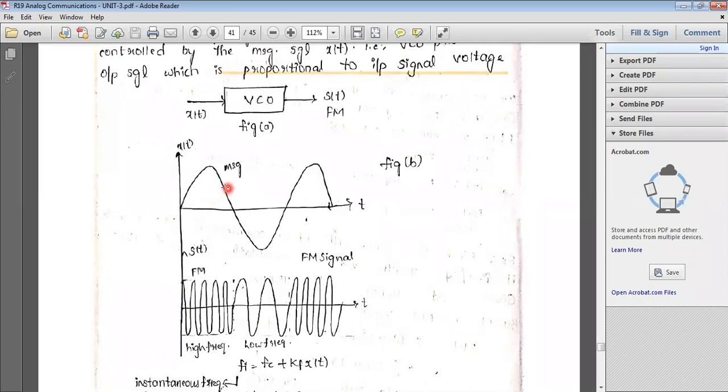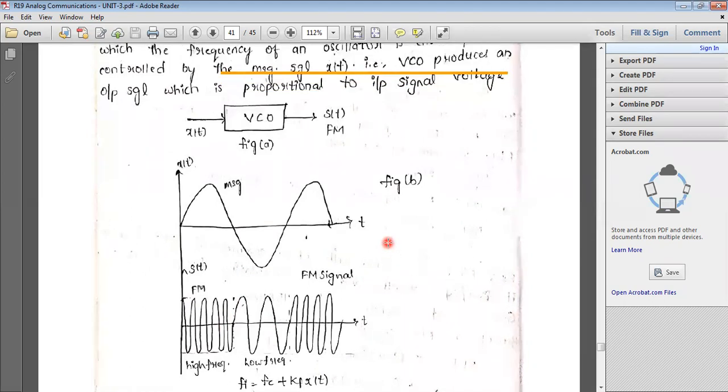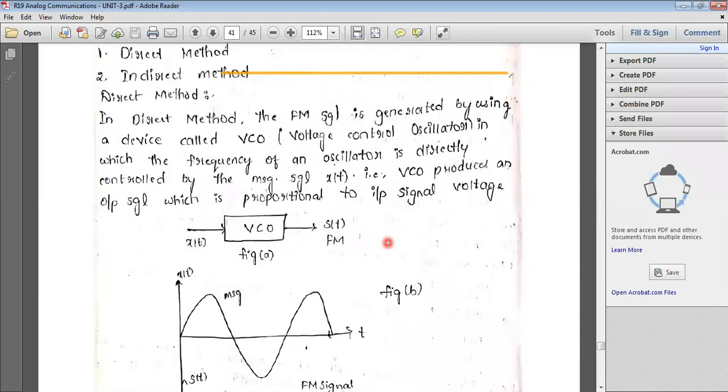For positive we send high frequency, and for negative we send low frequency signals. So in our generation also, our aim is to get two types of frequencies, high frequency and low frequency.